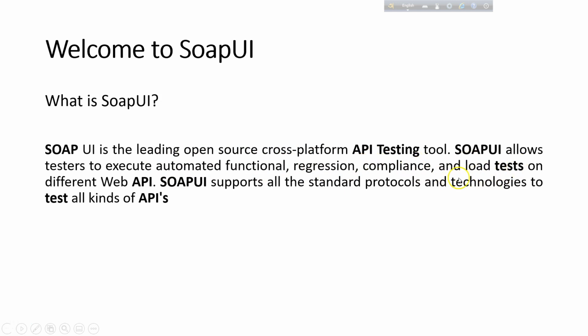To do it, the company has different types of testers, like load testers, security testers, and so on. SoapUI supports all the standard protocols and technologies to test all kinds of APIs. Even a couple of months before, it was just a manual testing tool, but nowadays SoapUI also supports automation.